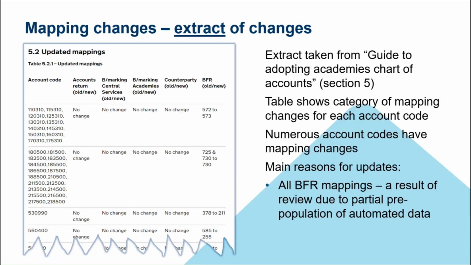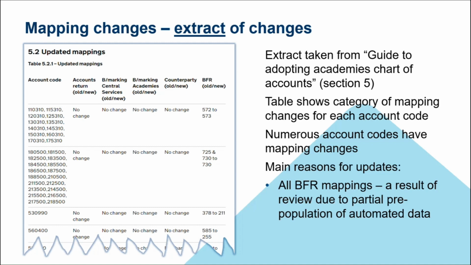So moving on to the mapping changes, there's just an extract here that shows where you can see all those mapping changes, because there are quite a few within the Guide to Adopting the Academy Chart of Accounts. This year, all of the mapping changes are to the BFR form, and that's because we are using automated data to populate the first third of the BFR this year.